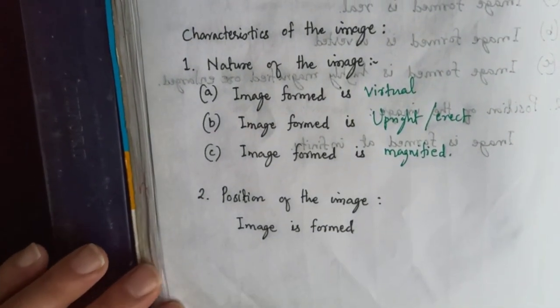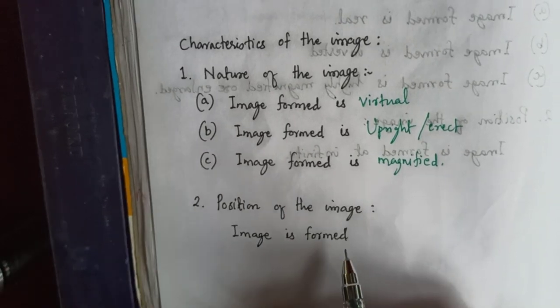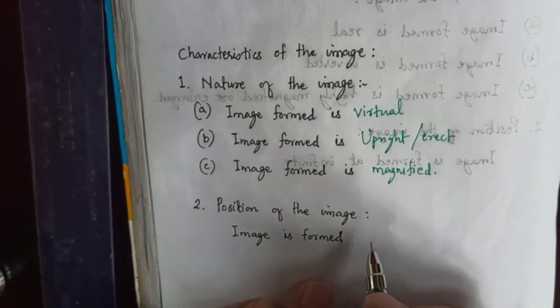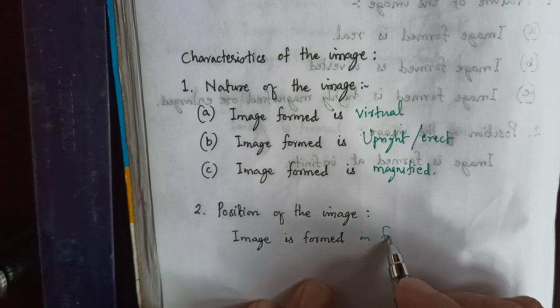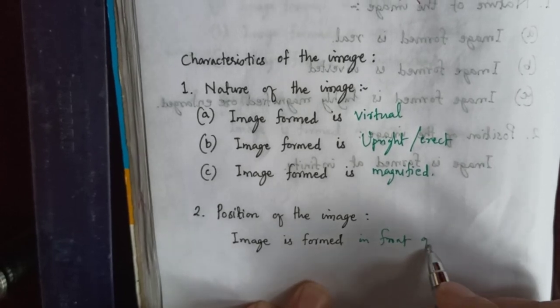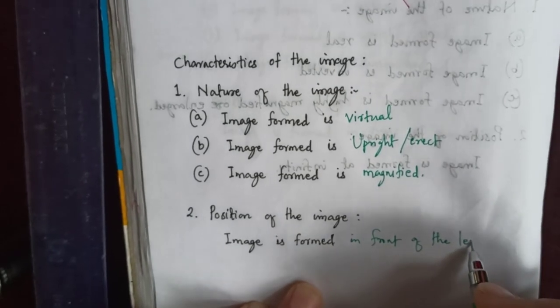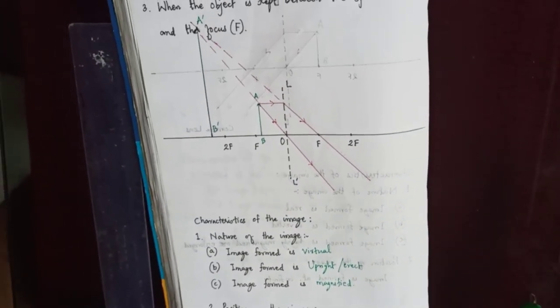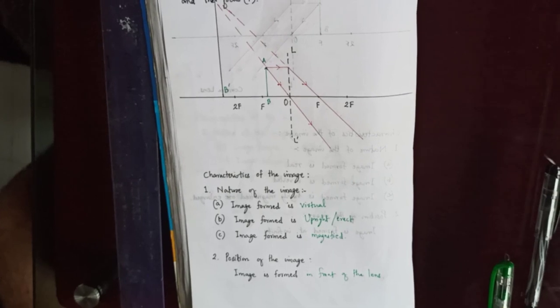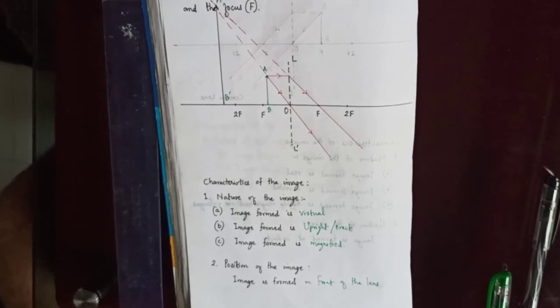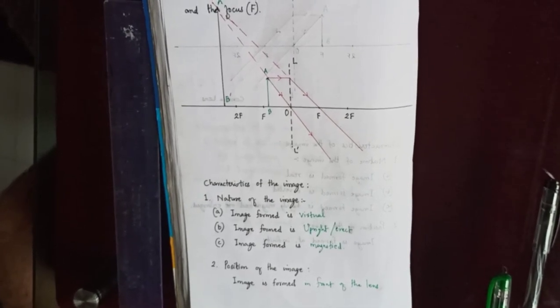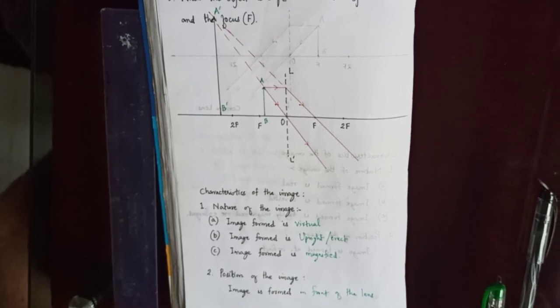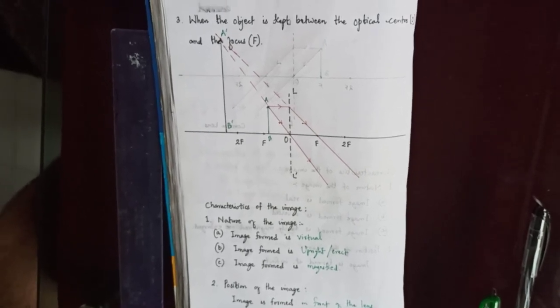The position of the image is in front of the lens, not behind the lens, in front of the lens. Similarly, you can keep the object at other different points and try drawing the ray diagrams to locate the position of the image formed, and you will write the characteristics of the image also.